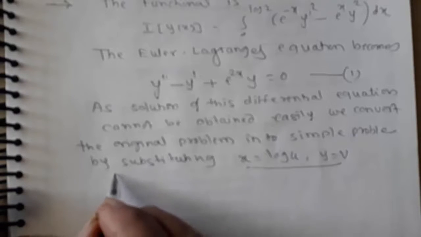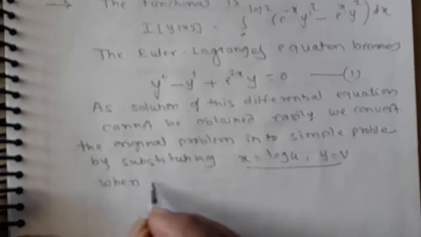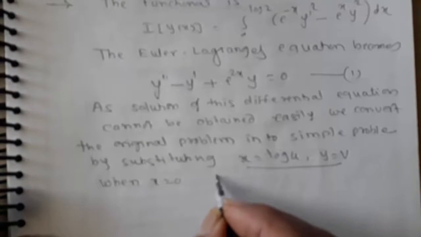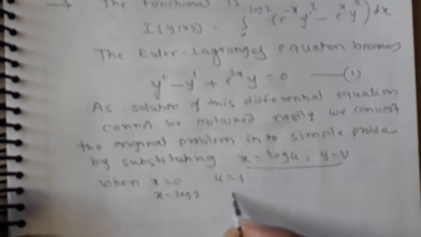If we substitute this, we have: when x equal to 0, u equal to 1, and when x equal to log 2, u equal to 2.